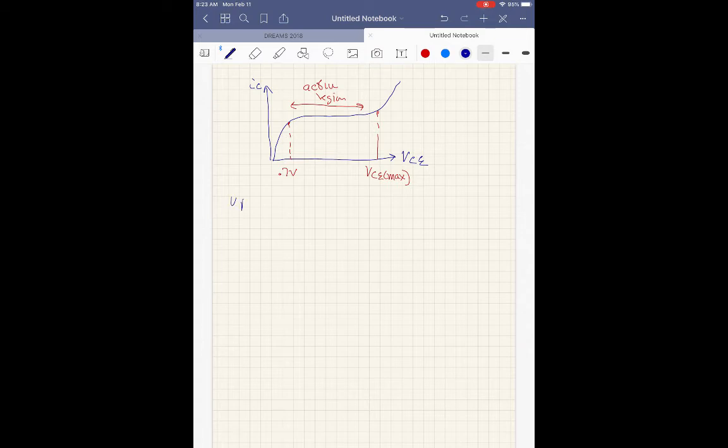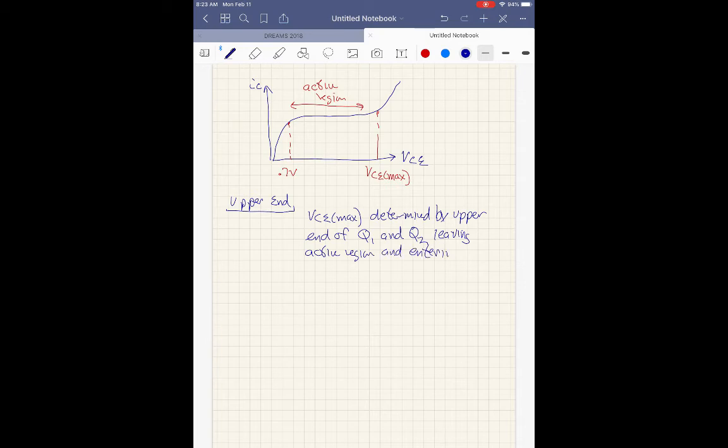Okay, the upper end, that's VCE max. It's determined by the upper end of Q1, Q2, leaving the active region and entering saturation.